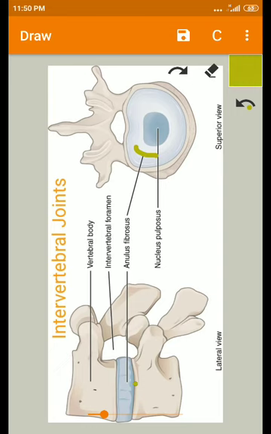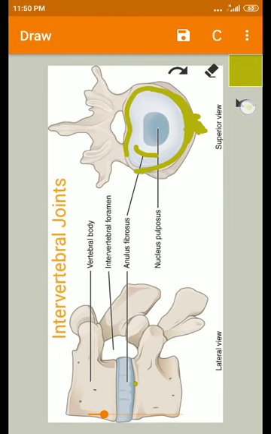The outer collagenous fibers attach with the anterior longitudinal ligament and posterior longitudinal ligament. This is about the annulus fibrosus.